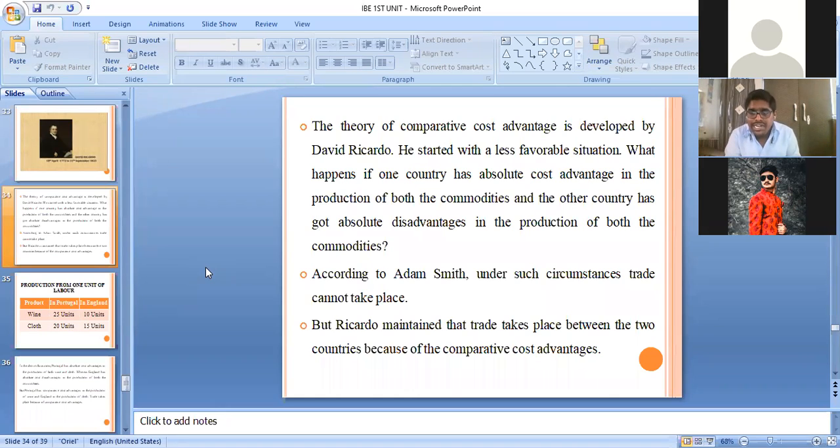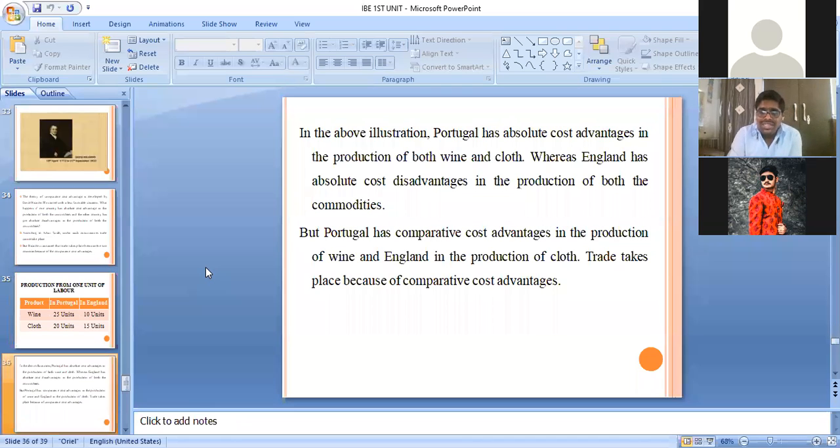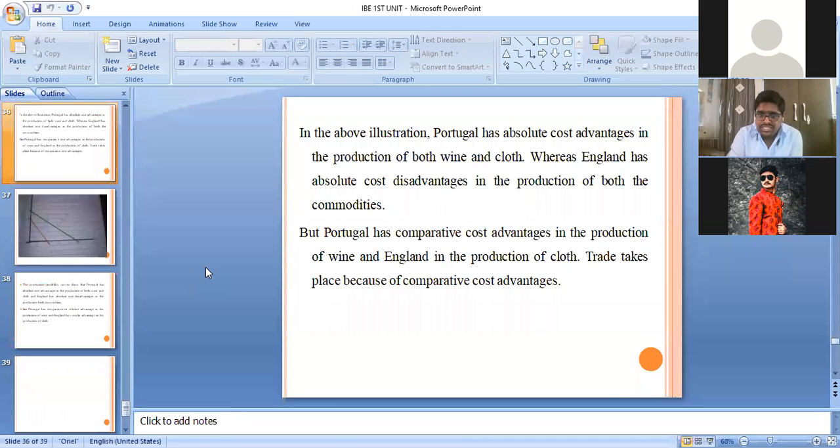Now we have to compare the two countries. How can we compare? First, Portugal has an advantage because in both commodities they are producing 25 and 20, but England has a disadvantage. By seeing this chart, we compare. Portugal is good in wine. England is good in cloth. If this happens, the trade can take place.